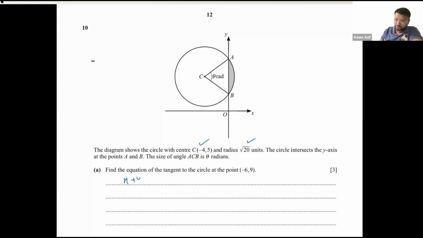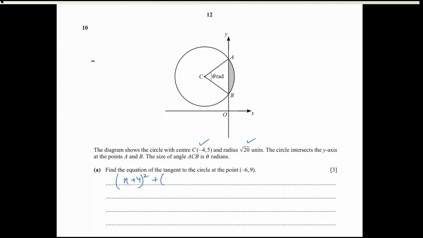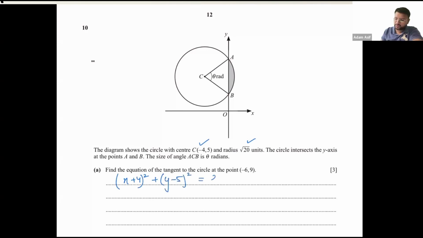So (x plus 4) the whole thing squared plus (y minus 5) the whole thing squared equals 20. Sir, why can't we just find the gradient of C and this point that they've given us, and then negative reciprocate it and use these points? Yes, that's correct. Very good. Abdullah, what is the form of the equation of a circle? (x minus a) the whole thing squared plus (y minus b) the whole thing squared equals r squared. We will have to use this in the next part, okay? For this part we can just leave this.